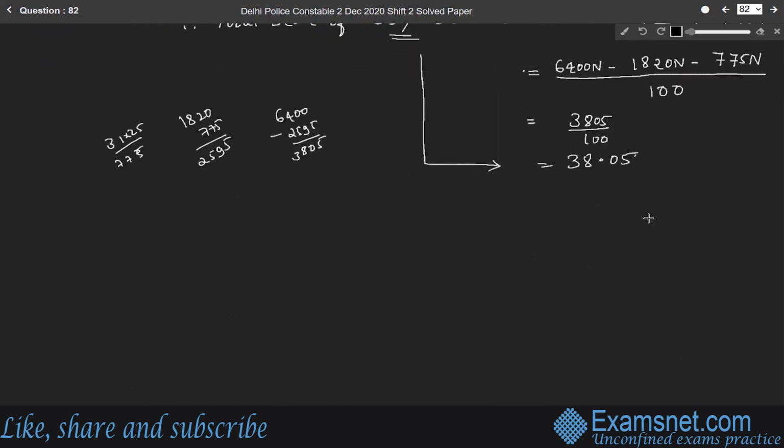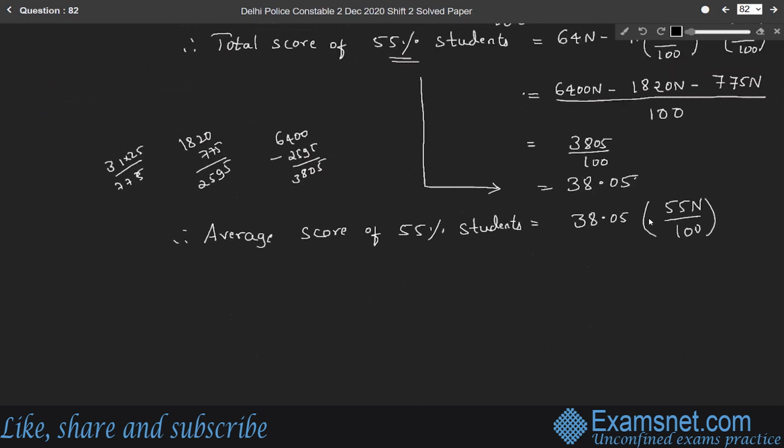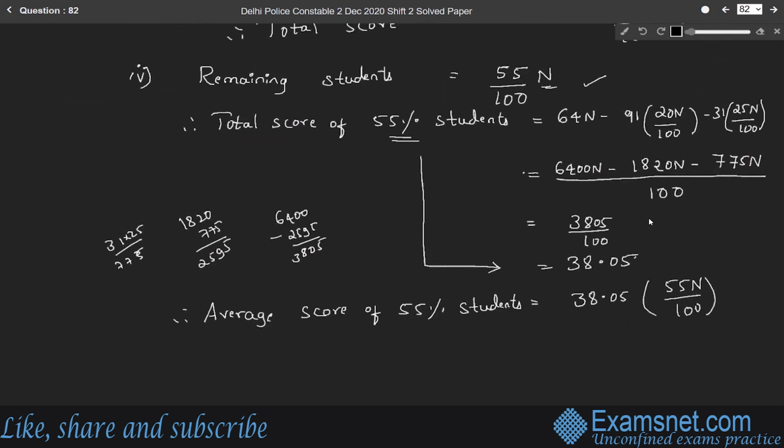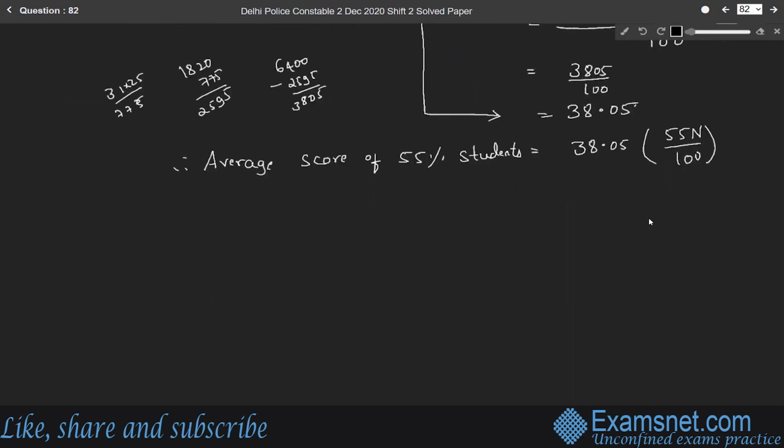Total score we have calculated. Therefore, average score of 55% students is equal to the total score 38.05 divided by the number of students, which is 55n by 100. So now the remaining students are 55n by 100 and the total score is 38.05.